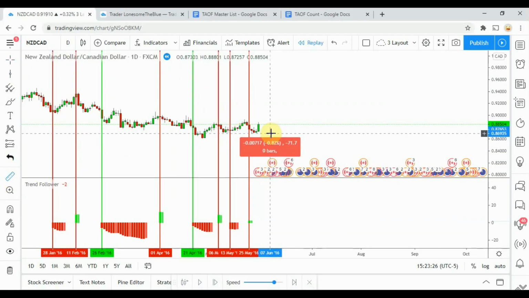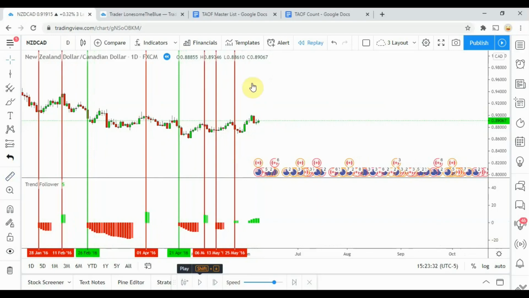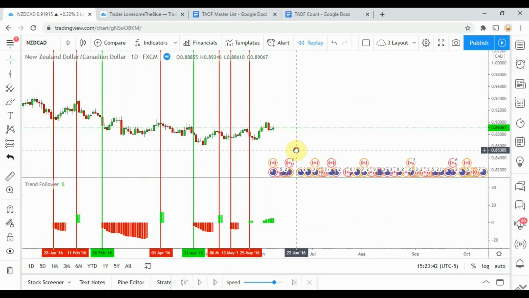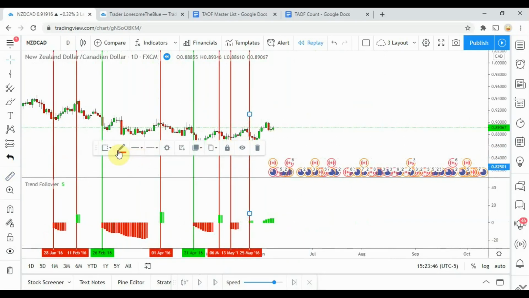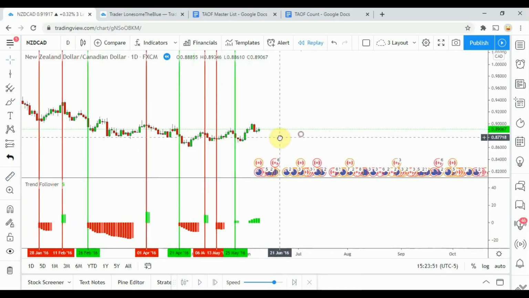Check to see. Nope, only 70 pips on that one. Well, I'm sorry, that was not a short. That is actually a long right there, which we would have stayed in. We wouldn't have gotten stopped out, and it would have reversed and gone in our direction. Don't know why I was thinking that was a short.